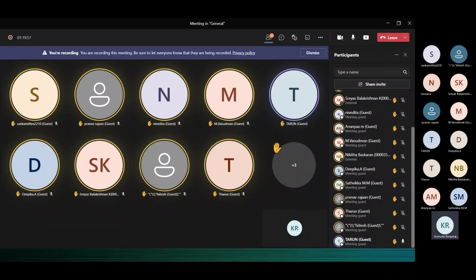Why delay in using the emoji? Ma'am, I was not able to use. Now I can use. If that is the case, kindly children unmute yourself and tell me that you're not able to use the emoji.